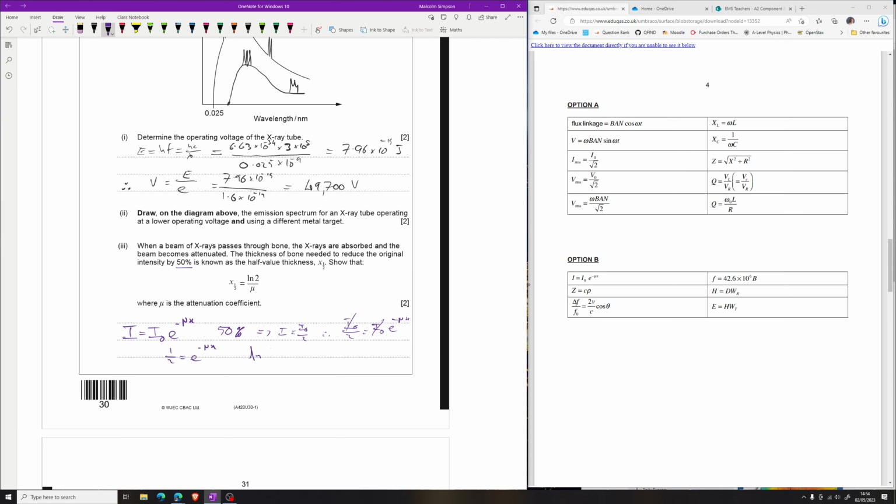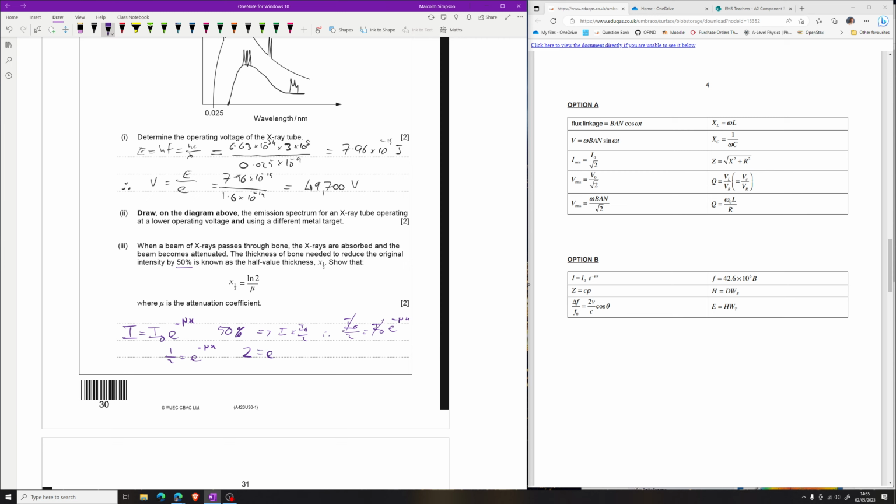Therefore, natural log 1/2 equals minus mu x. To be honest, I'd probably be better flipping that before I do this bit. So e to the minus something is just 1 over e to the something. So I've got 2 equals e to the mu x.